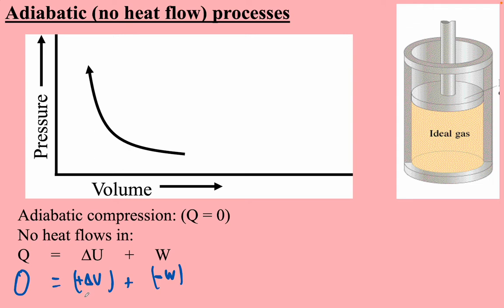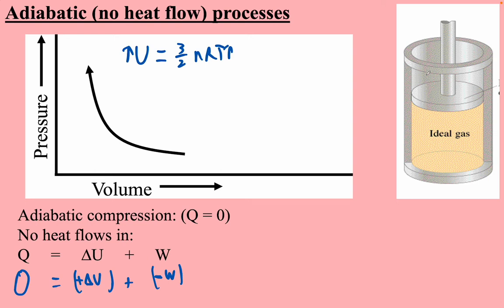This means that it gets hotter, because remember that internal energy and temperature are intrinsically related, right? U equals 3/2 nRT. So if U goes up, temperature goes up. So the question is, macroscopically, why pushing the piston in has to make the gas hotter, okay?